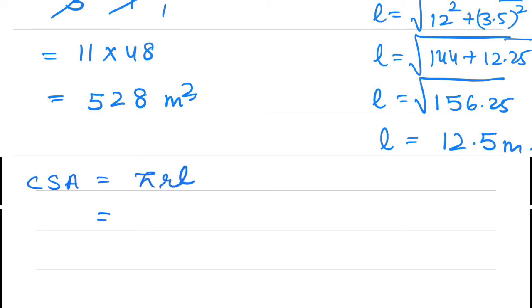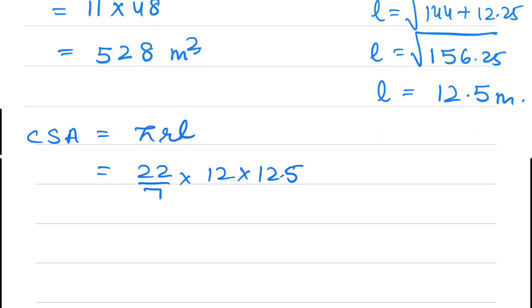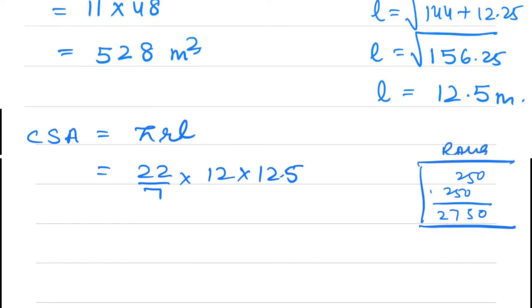So curved surface area will be equal to pi r L. So this is equal to 22 by 7 into radius is 12 and L is 12.5. 125 into 22 first, so that will give me 250 and 250. This is a little bit of rough work.